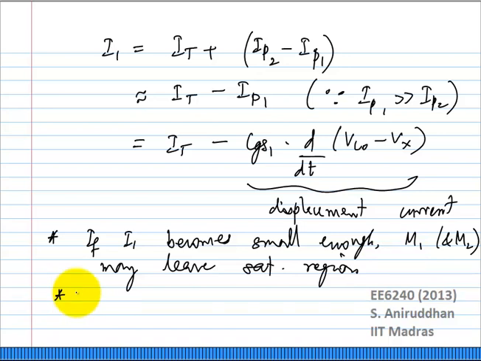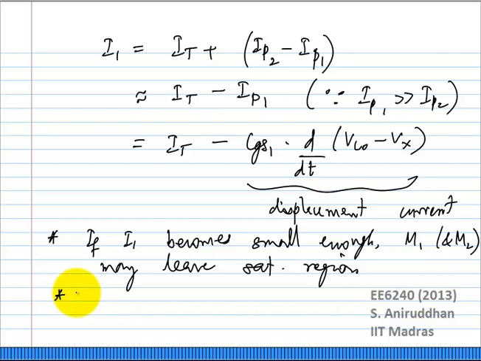How can you keep this displacement current low, or what can cause it to become high? The d by dt of the LO. At the end of the day, the change in Vx is very small. It is actually d by dt of LO that causes all of this displacement current.